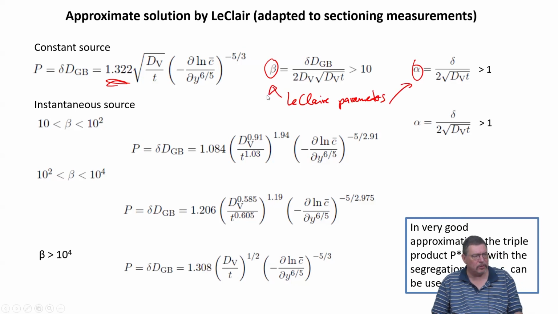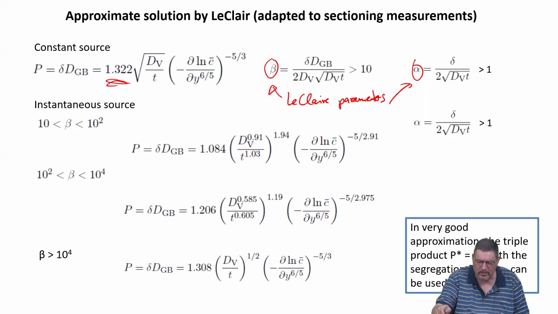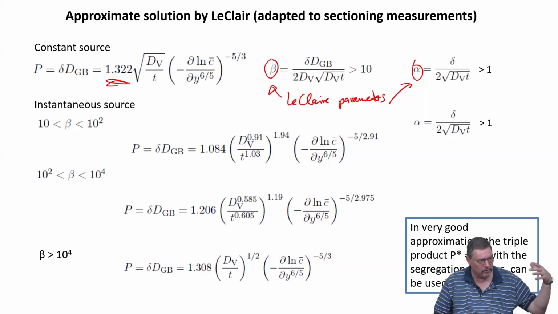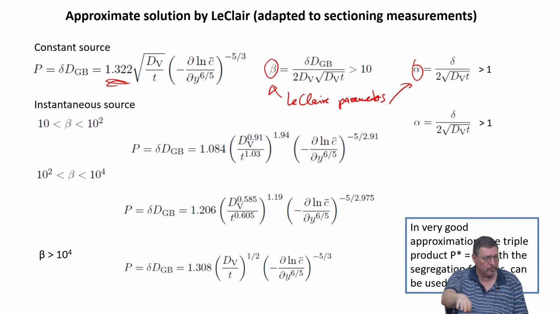And these you have to check for your experimental conditions, and they will determine which of the solutions you can use. For the constant source, they must just be in the range beta larger than 10, alpha larger than 1, and then you can use the approximate solution by Leclerc in order to describe grain boundary diffusion. And only the grain boundary diffusion part is described here, right?